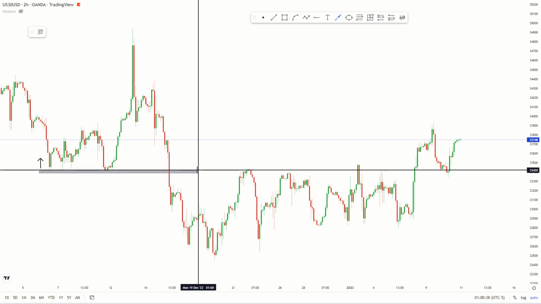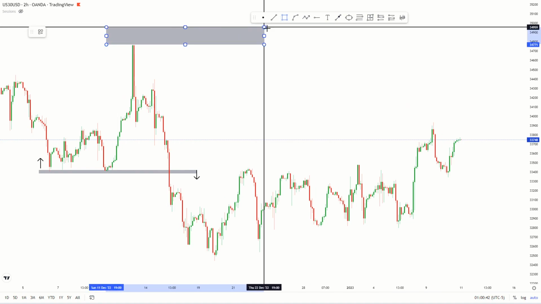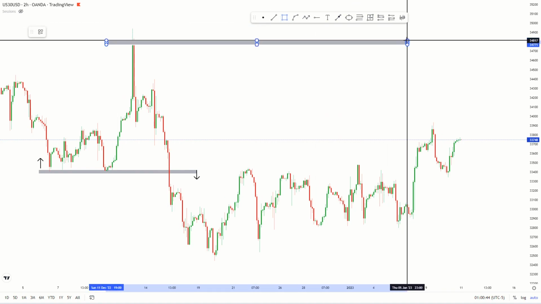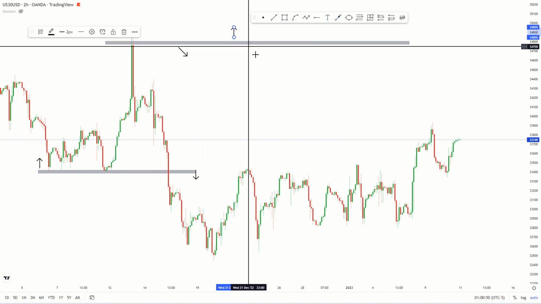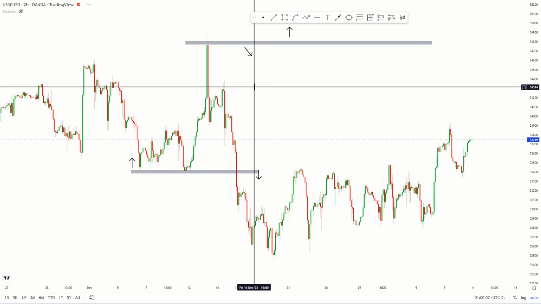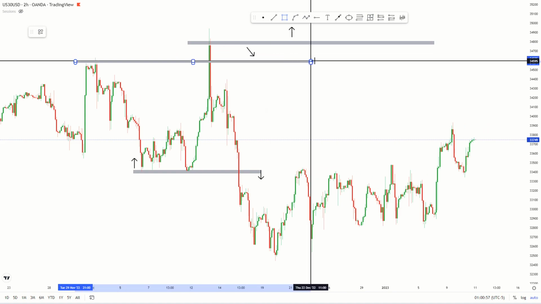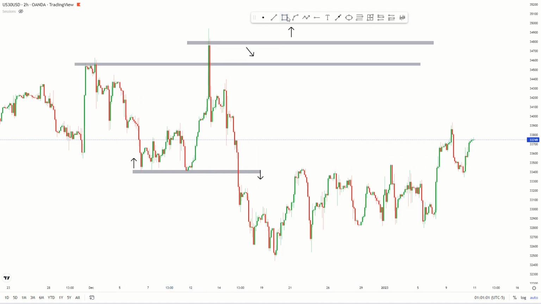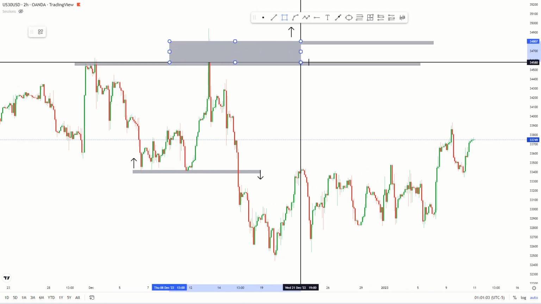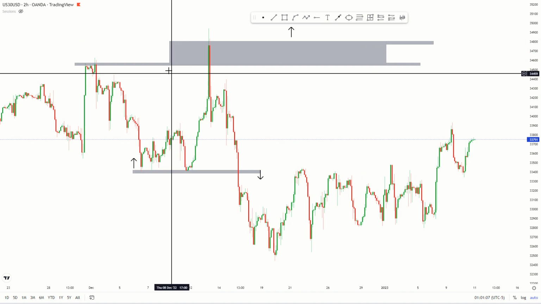Every single time you draw a box, no matter if your box is all the way up here, or all the way up here, sellers are in control under, buyers are in control above, right? And there'll be some scenarios like this where you have two boxes. This means this is a no trading zone.